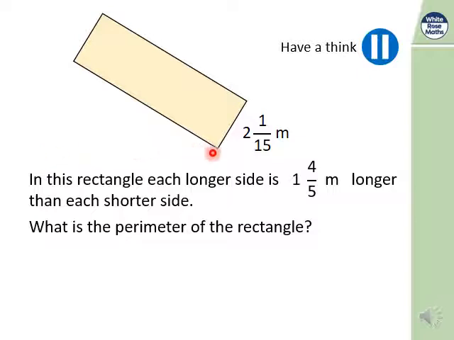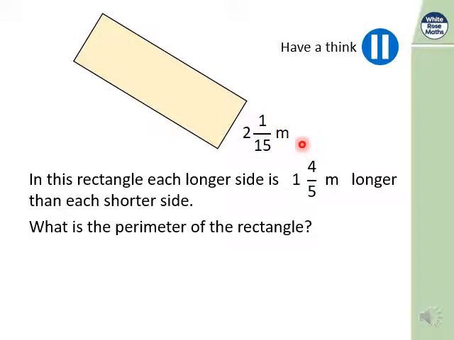So before we do, let's look at the information we know. We know that this length is 2 1/15 of a meter. So if you know this side is 2 1/15 of a meter, how could you use that to help you find something else? And it tells you this rectangle, each longer side, which is this one here and this one here, is 1 4/5 of a meter longer than each shorter side.